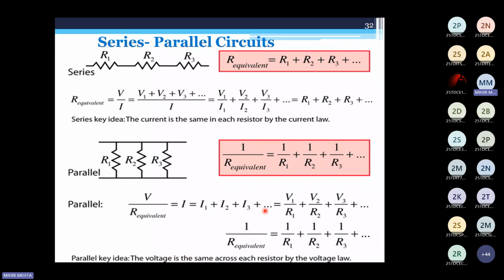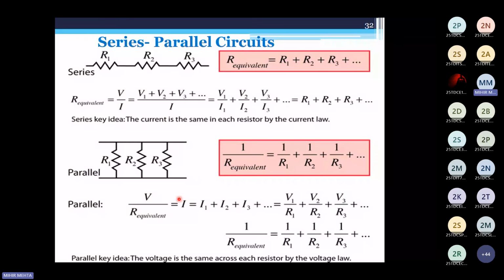Depending on the number of branches, you have to add all those currents. Now here the current I1 would be equal to V by R1. Since the voltage in parallel is the same, all this V1, V2, V3 is nothing but V. So V is taken out common, and V and V get simplified. So 1 upon R equivalent becomes 1 upon R1 plus 1 upon R2 plus 1 upon R3.